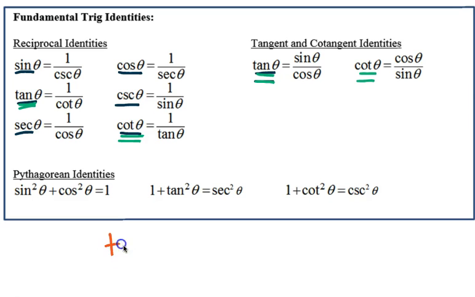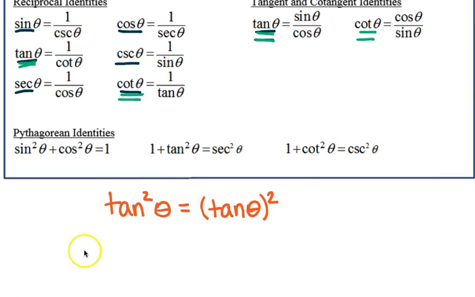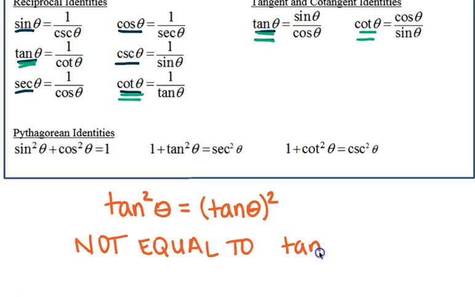So what does tangent squared theta mean? Okay, this is really equivalent to tangent theta, quantity squared, okay? But it's not equal to tangent of theta squared if you write it like that, okay?